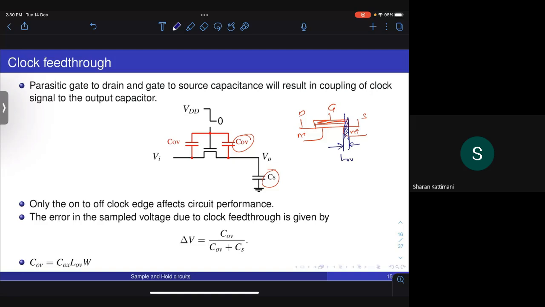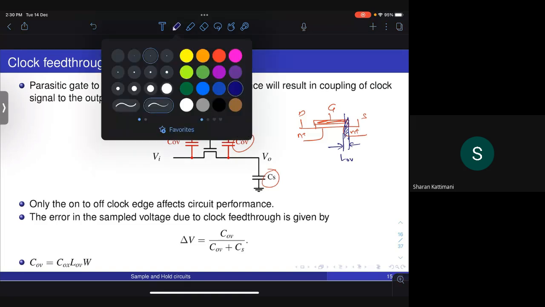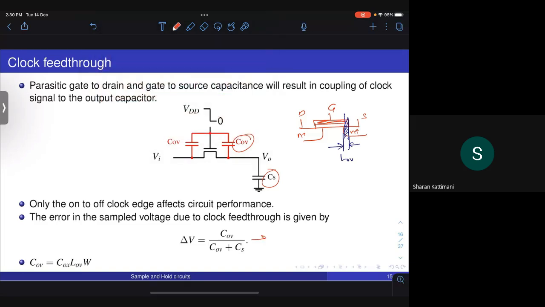So this delta V produces an error in the output voltage. But one not so troublesome thing about clock feed through is that the error is independent of the input voltage. So this error is constant, or in other words, independent of Vin.